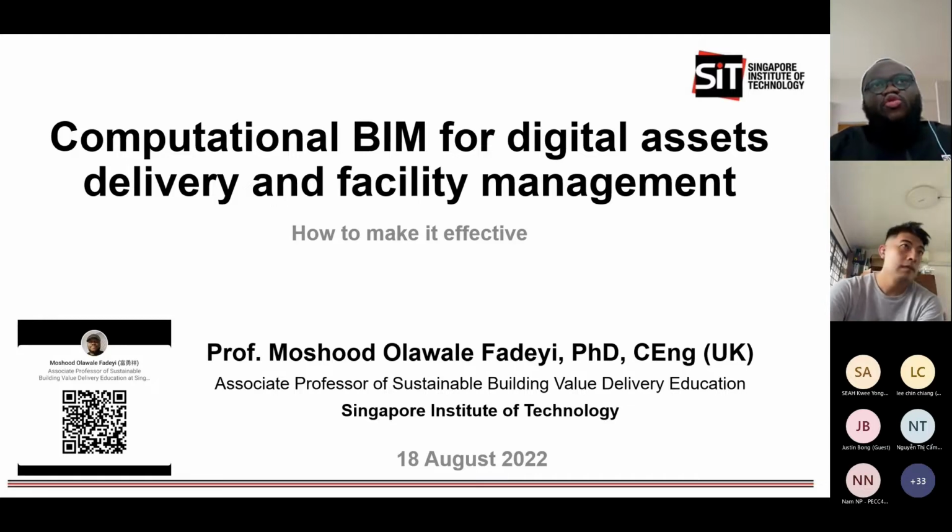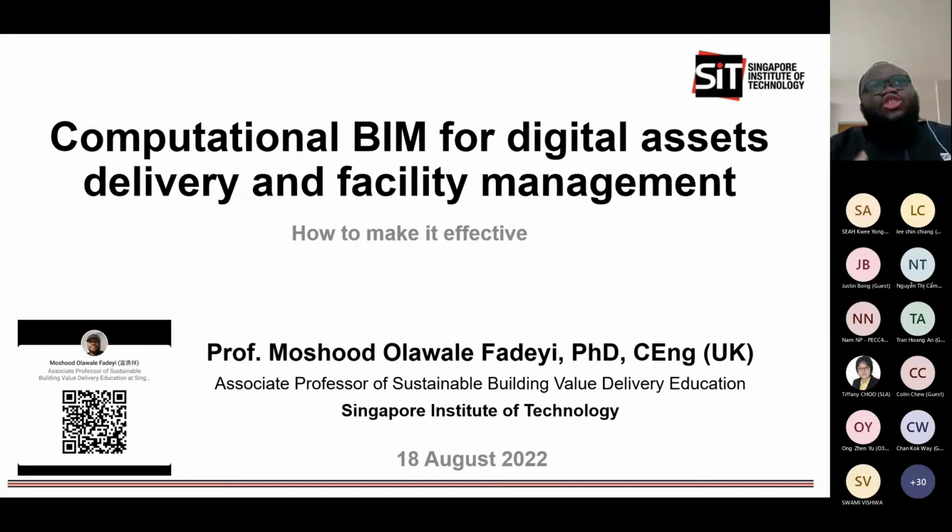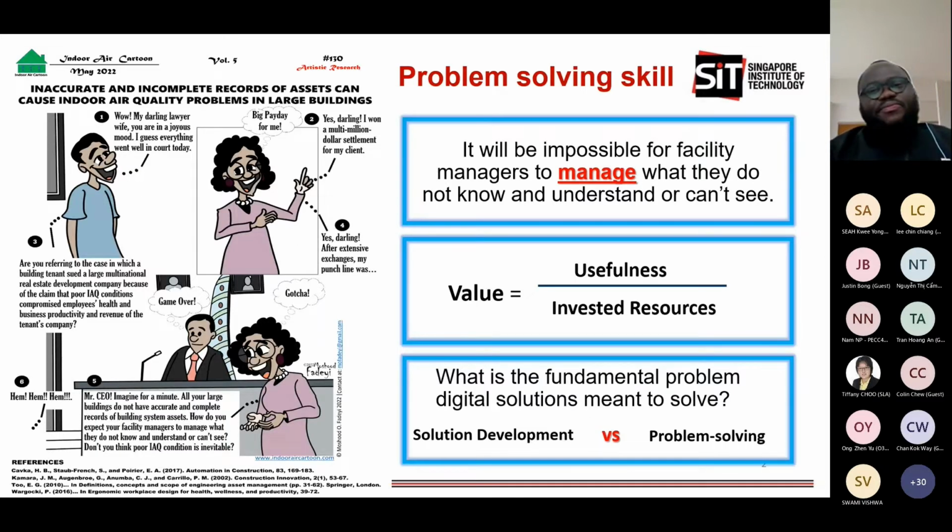To reduce that, we want to dive into the use of digital solutions. By computation, as Wumpi has already defined it, so I won't go into it, the whole idea is to look for possible ways of generating these assets so that they can provide usefulness. When you put all this usefulness together, it can make your building, like your whole human body, perform very well.